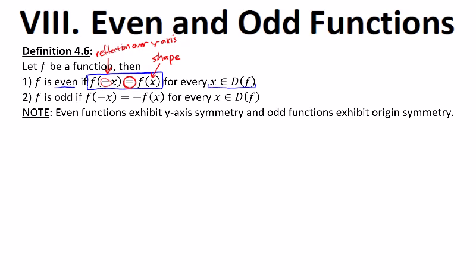Let me show you an example. It's just a sketch. Squaring function, y equals x squared. So if I take the squaring function and I reflect it over the y-axis, then the squaring function looks like this.